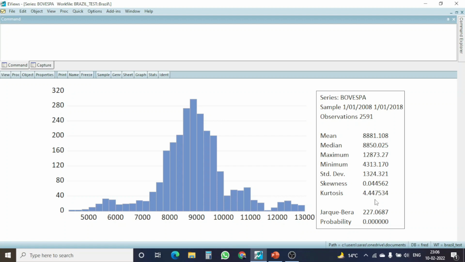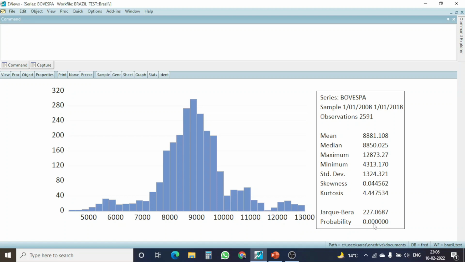Further, to confirm the normal distribution, the Jarque-Bera test value is 227.06 and the probability value is 0.00, which is less than 5%. 5% means 0.05. If this value is less than 0.05, we have to reject the null hypothesis.